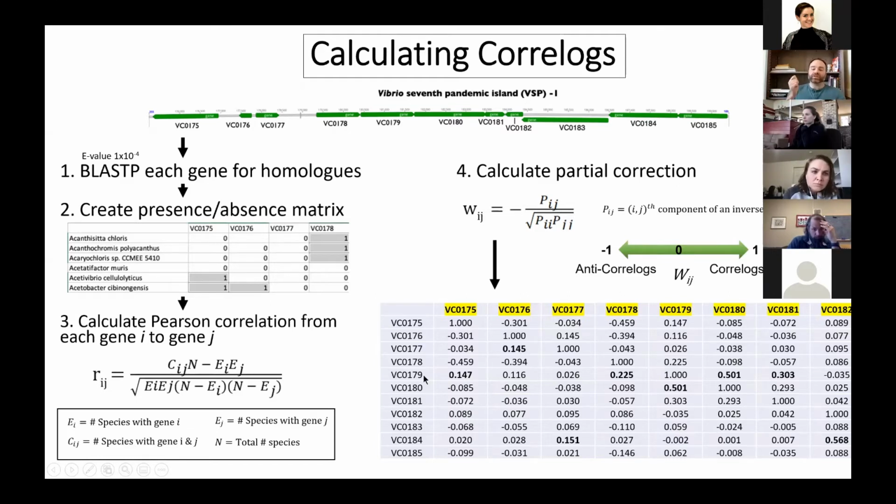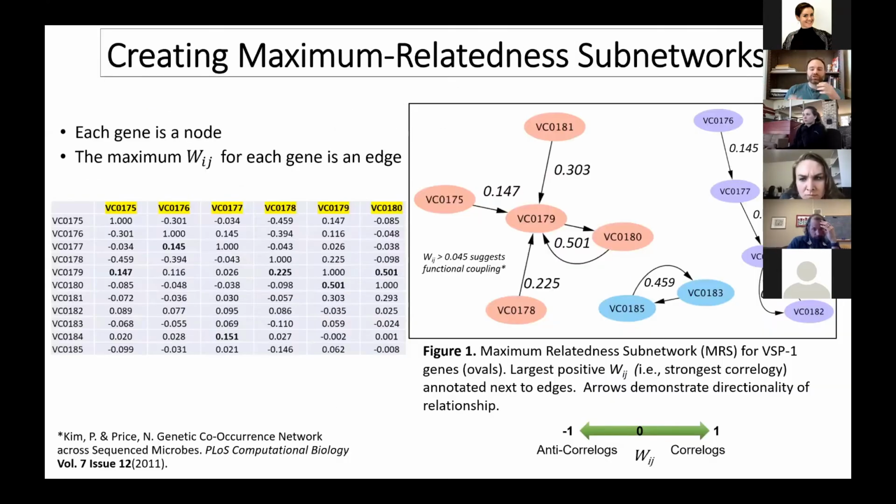And we can use this maximum score to create a visualization of putative gene networks, which is what I'm showing you here. So in this visualization, each gene is a node. So for example, on the left, 175 is a gene and it is a node. And when we look back at the matrix chart, we see that 175's highest Correlog score is to 179.